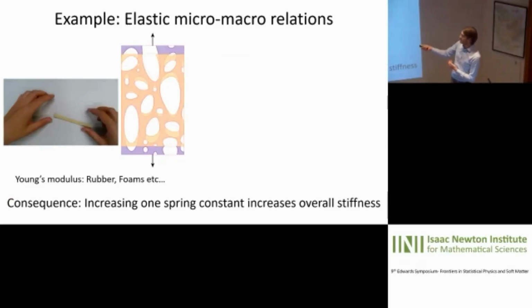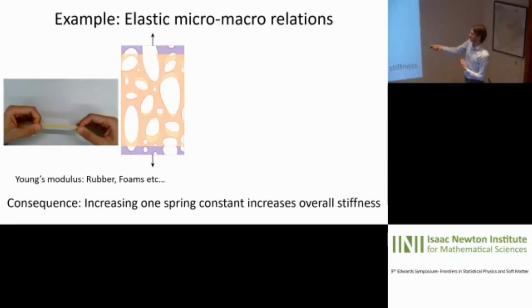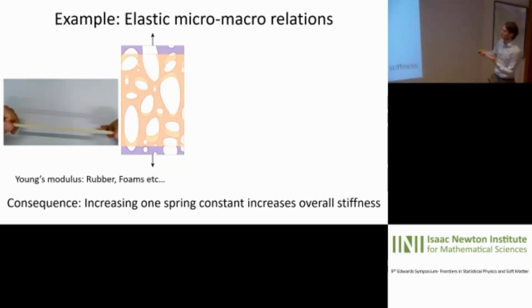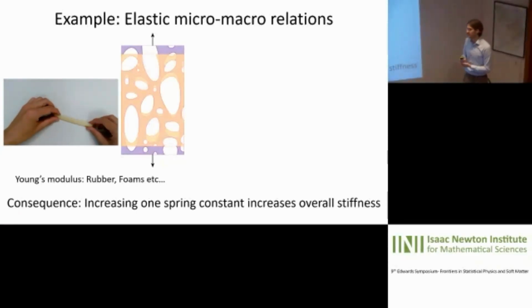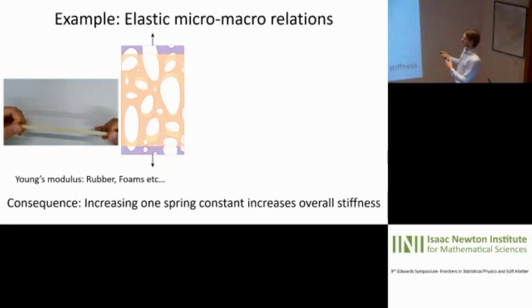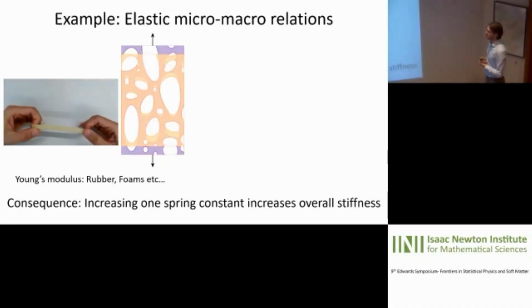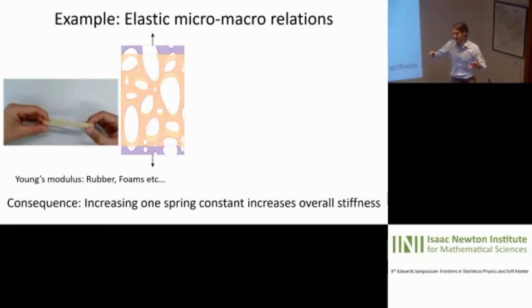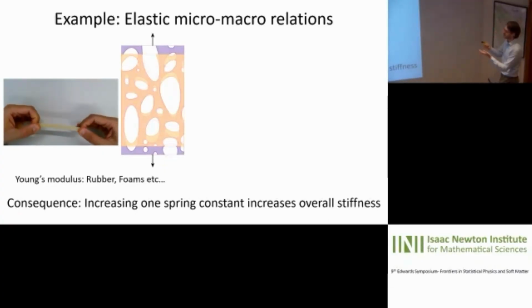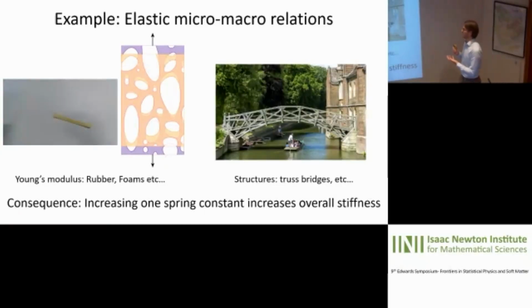If you push on a piece of rubber, or take some sort of structured material, and you take one of the components of the material and make it stiffer, and look at linear response around that, the consequence will always be that the material is at least as stiff as a whole, and usually stiffer. This applies to materials, and it also applies to structures.